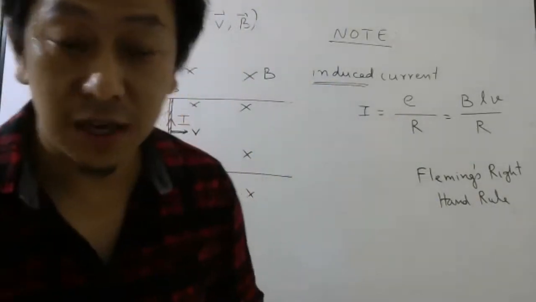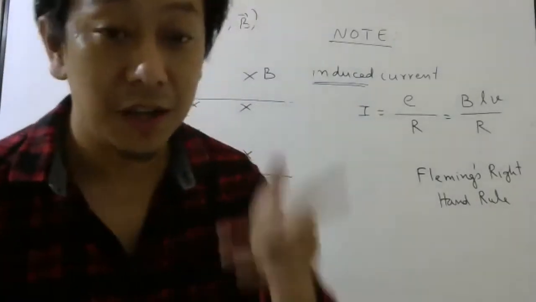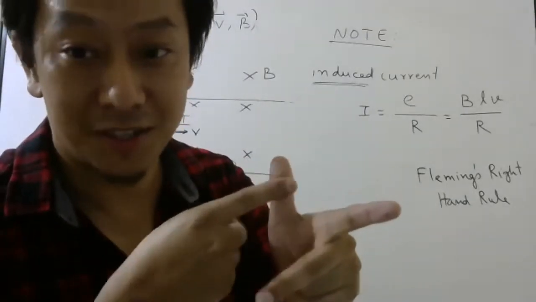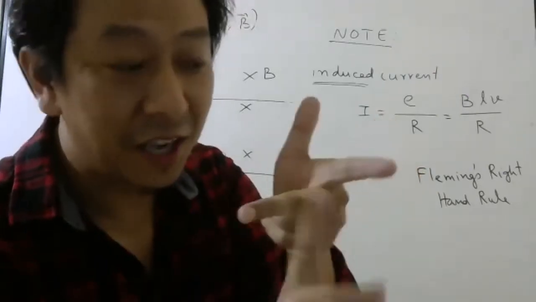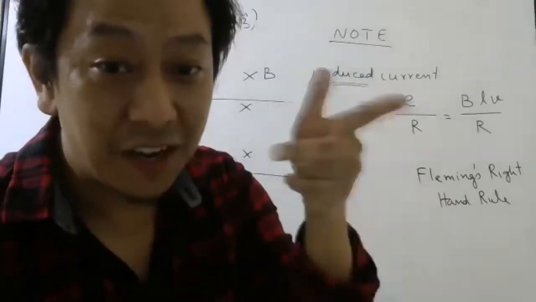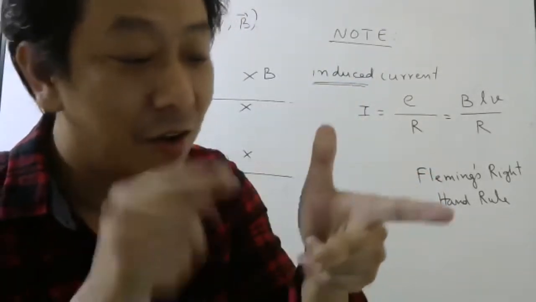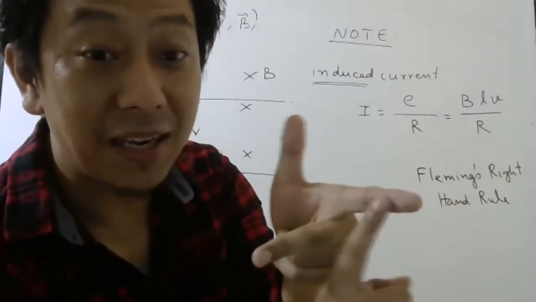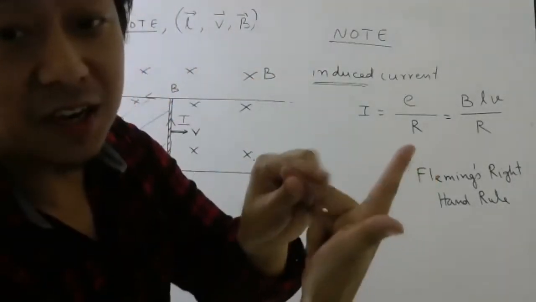Sometimes later on you will be confused whether to use left hand or right hand. So let me remind you, left hand was used to find force, when a current carrying wire is kept in a magnetic field. Remember or not? Left hand rule is used to find force on a current carrying wire when it is kept in a magnetic field. Correct? No. This one is used to find induced current.